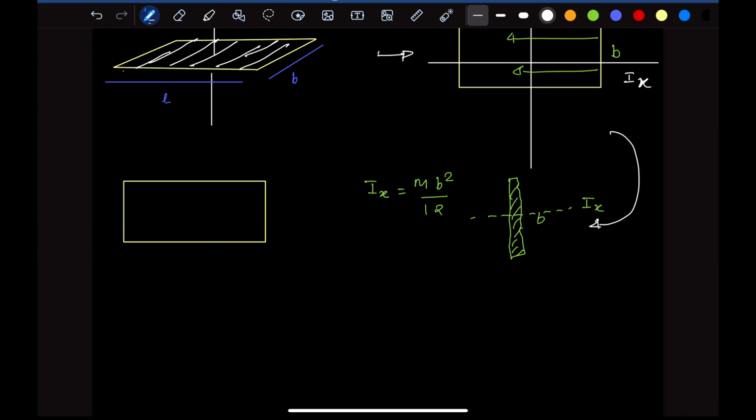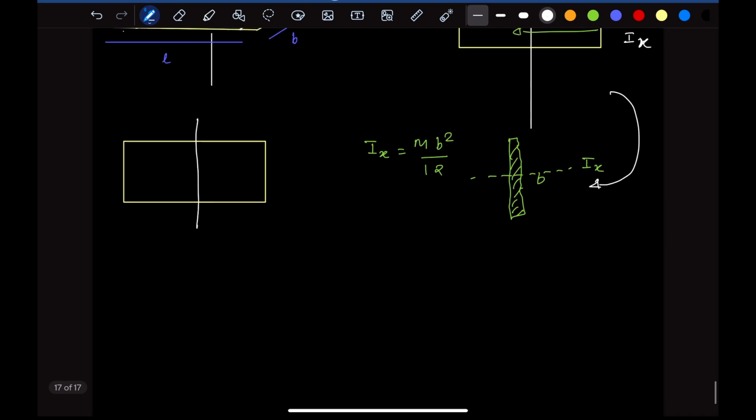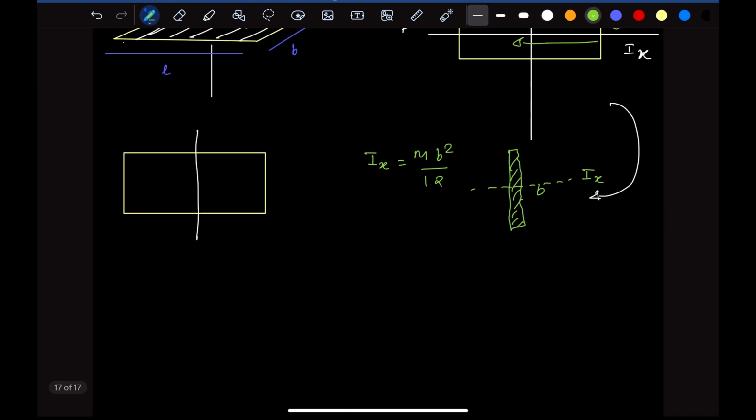Now we need to find out about the y-axis. For the y-axis, again I can shift the mass parallel to the y-axis, and there will not be any change. So if I shift these masses like this, there will not be any change, right? So it would become a rod. Let me draw it again. It will become a rod.